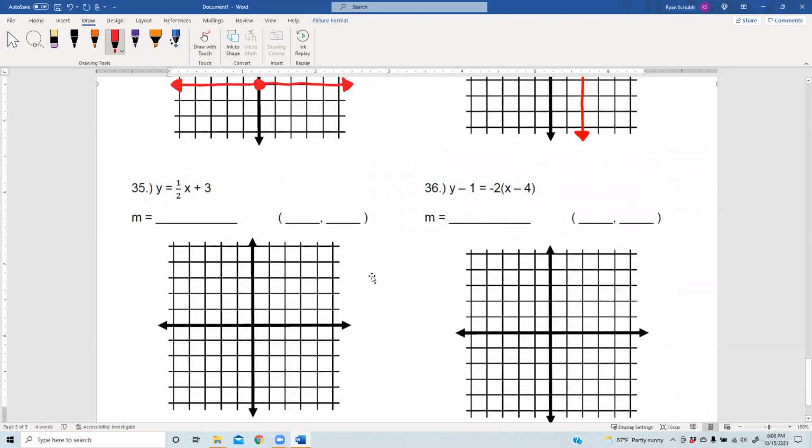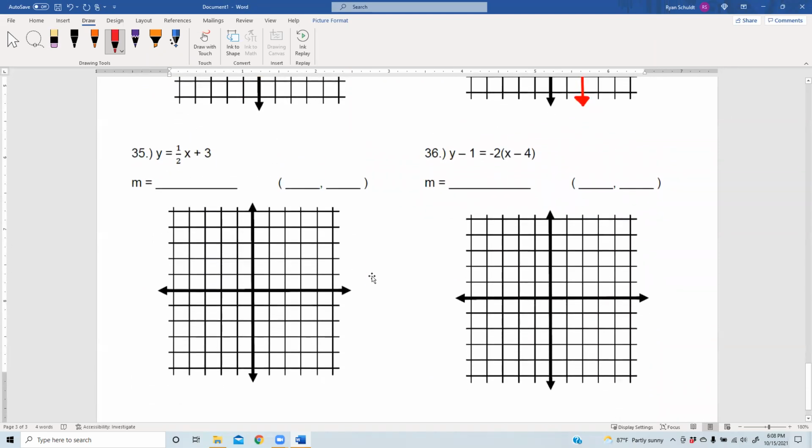Now for 35. This one is in slope intercept form, or y equals mx plus b. So what would my slope be? My slope is 1/2. The b is my y-intercept, so I'm going to start at 0, 3.